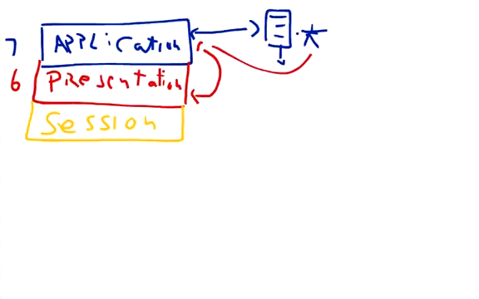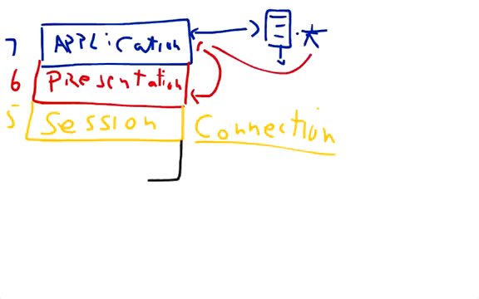The main purpose of the session layer is to establish, maintain, and terminate the connection between two nodes on the network. We will be discussing these layers in detail in the next section.